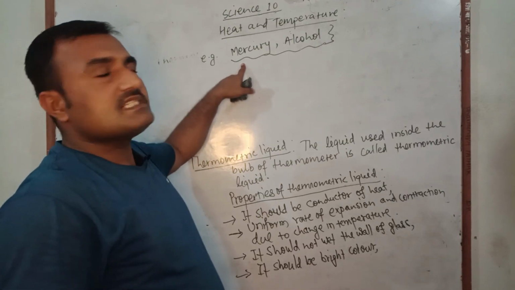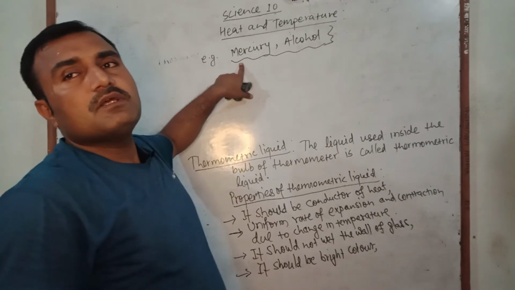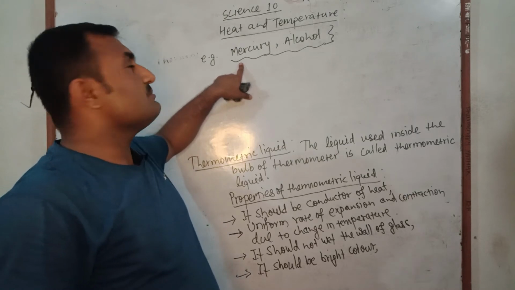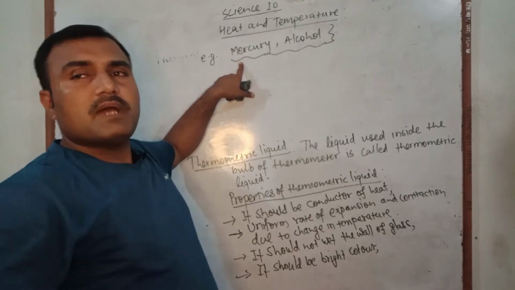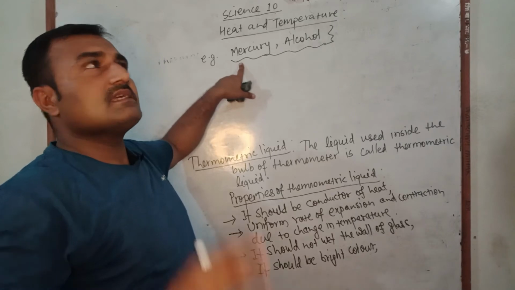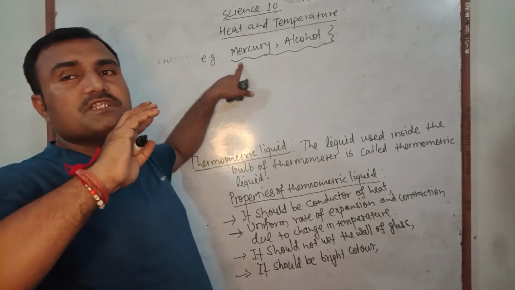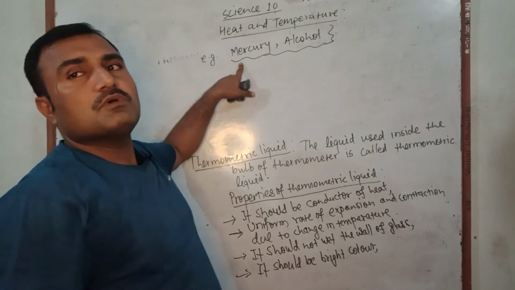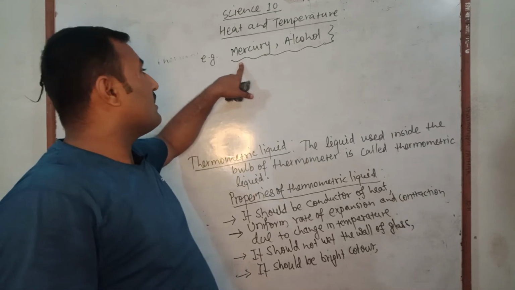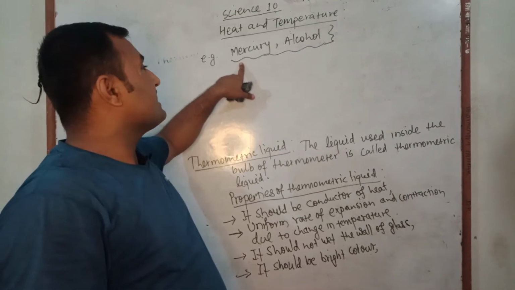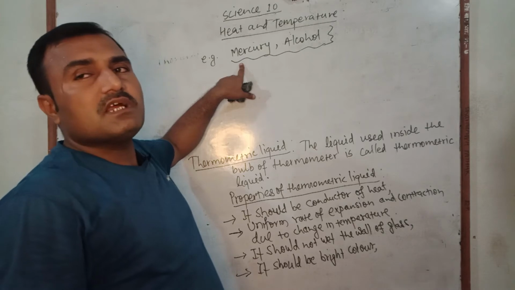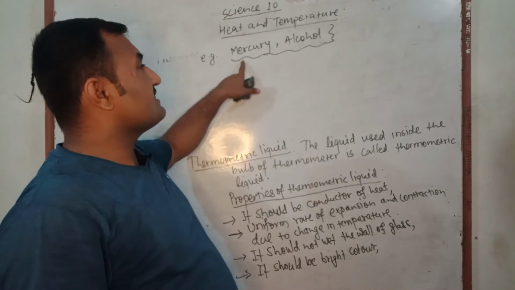It is preferred in hot regions because it can measure temperature down to minus 30 degrees Celsius, and it can measure the temperature of boiling water, because water boils at 100 degrees Celsius and it can measure temperature up to 357 degrees Celsius.